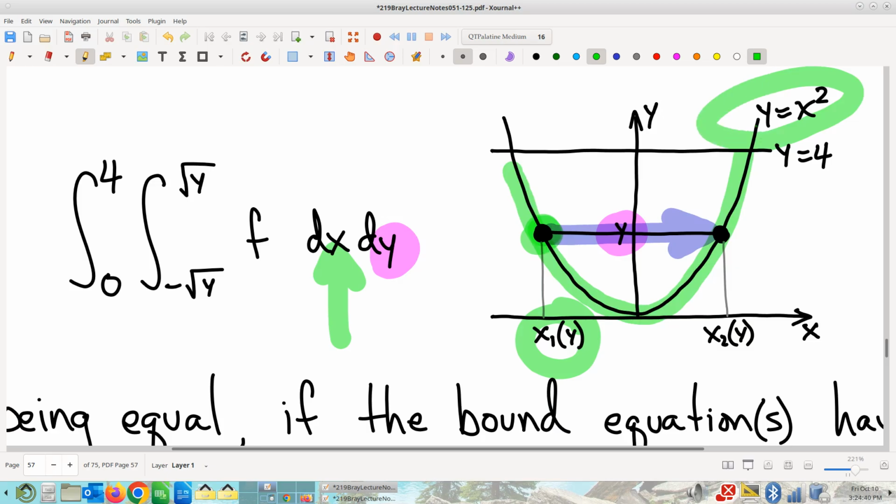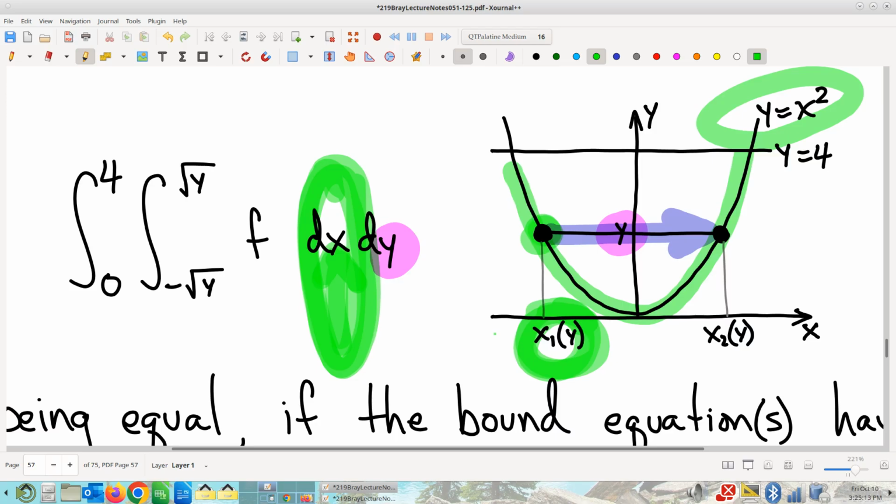I see the following mistake a million times. A lot of students will say this curve has that equation, x squared, and it's real easy to mistake that as the bound. It's not. We have to solve for x, because we are looking for an x bound. I need my x bound to be a function of y. I need to solve for x as a function of y, not y as a function of x.